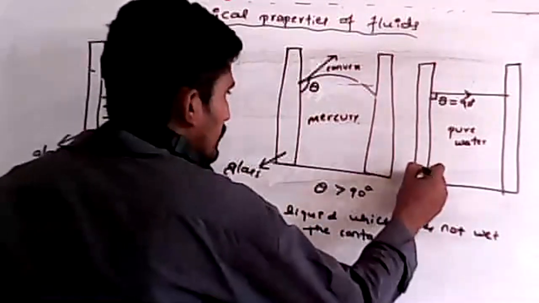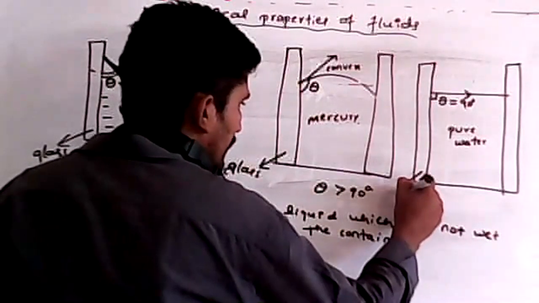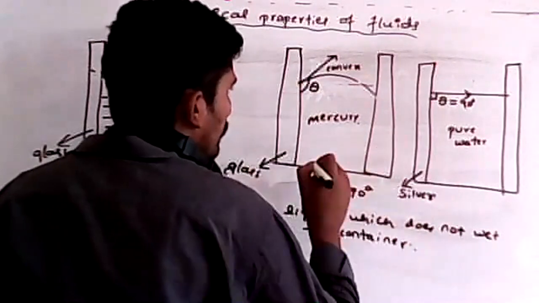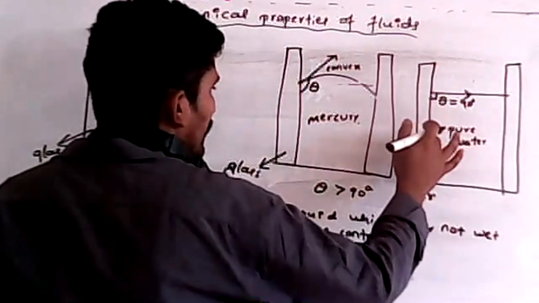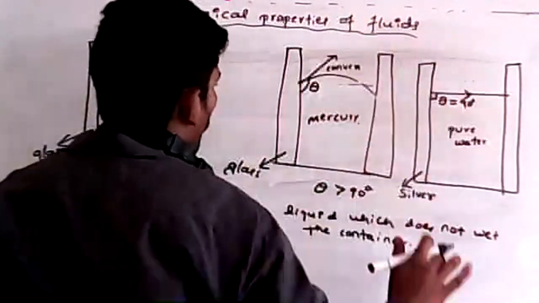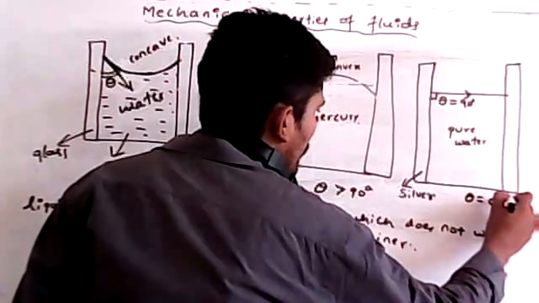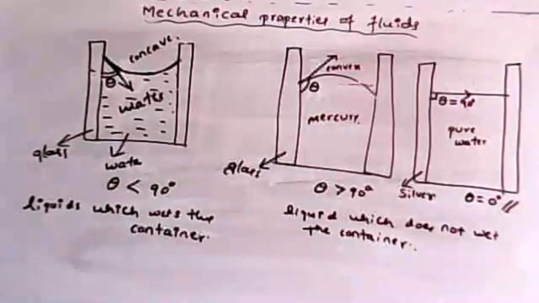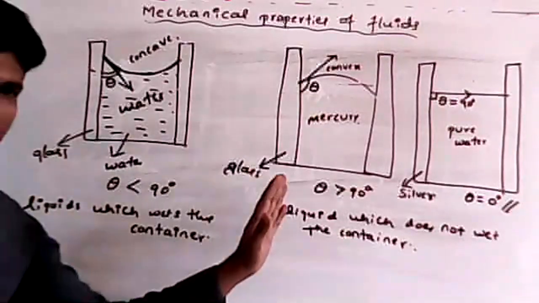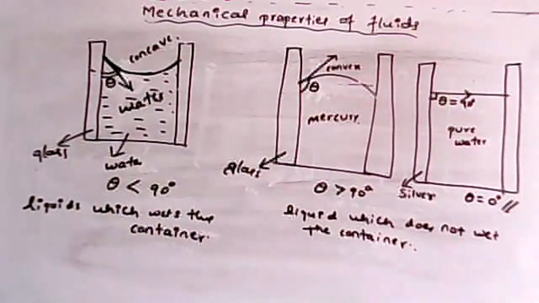But here the solid surface you must take as silver. So for the interface between silver and pure water, theta will be 0 degrees. Remember all these things. These are very important in competitive exams also. They may ask this question in competitive exams.